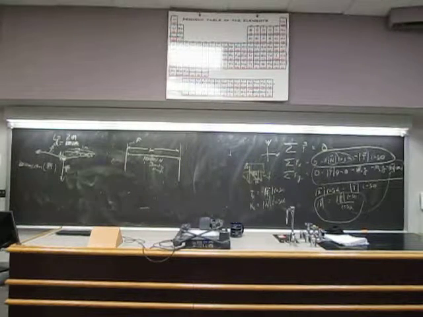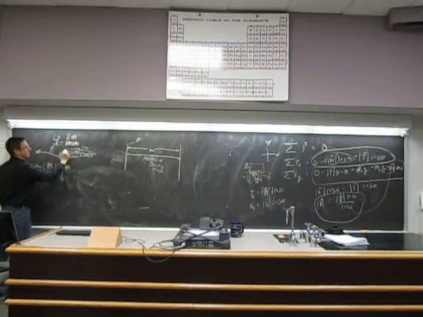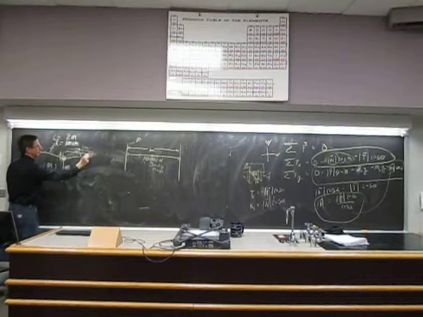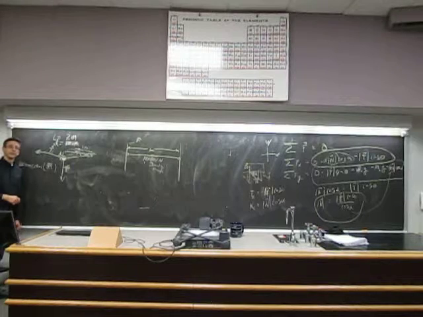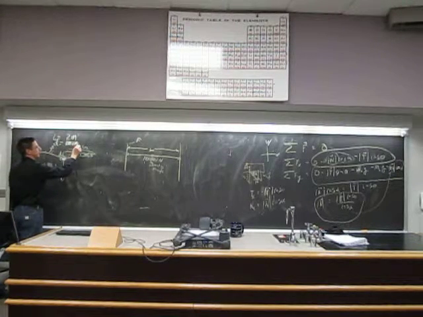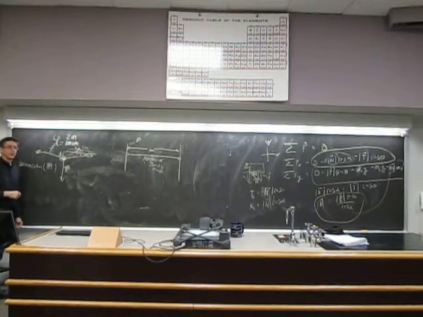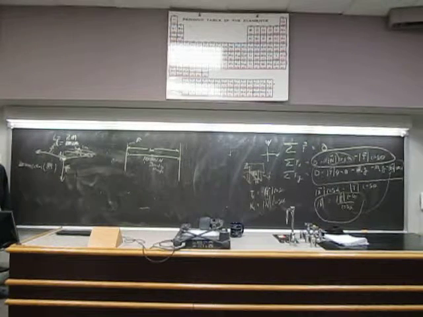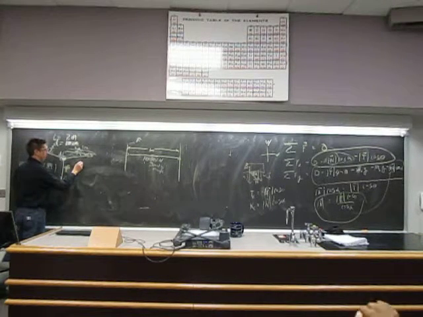Do you follow? So this is L over 2, this is D. Theta is the arctangent of D over L over 2.